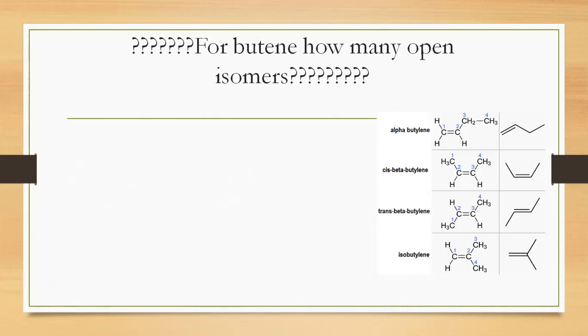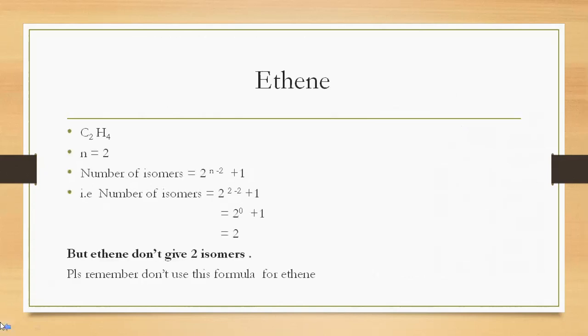So what is our formula? Cis 2 to the power n minus 2 plus 1. So 2 to the power 4 minus 2 plus 1. So I should have 5 isomers.